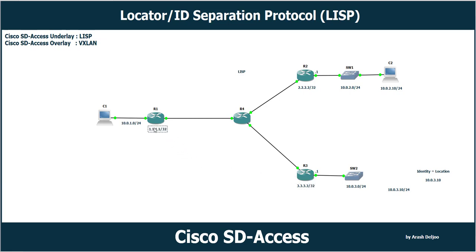Assume that computer 1 needs to send traffic to computer 2. The computer doesn't know anything about the method of forwarding in the network. Because of that, computer 1 will create the same traffic again. The source is 10.0.1.10 and the destination is 10.0.2.10.